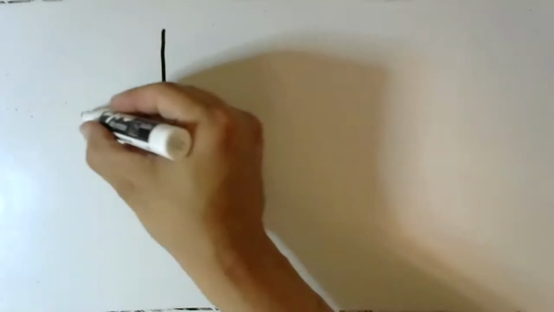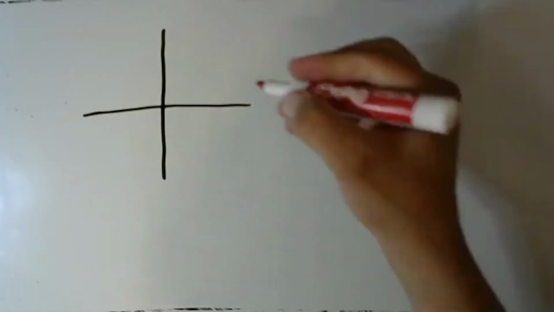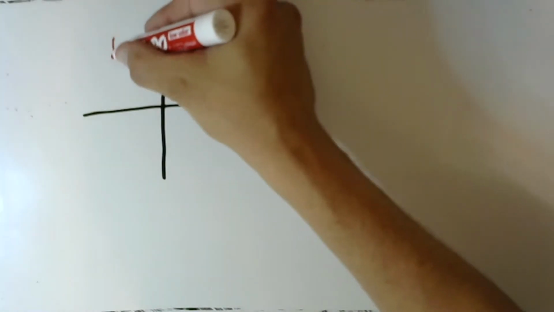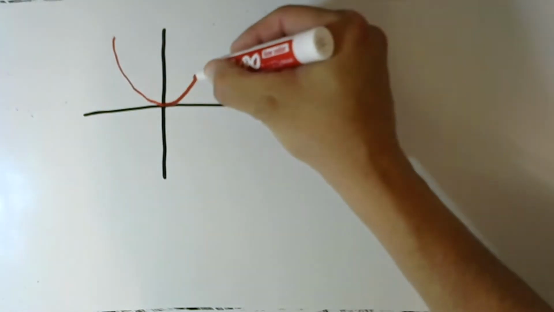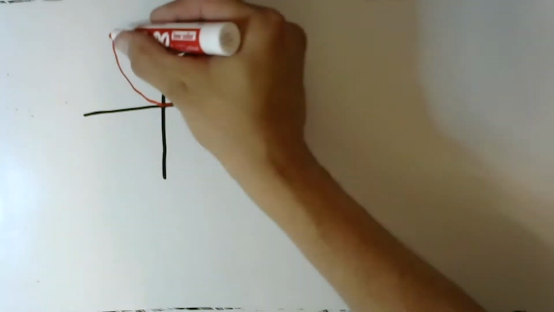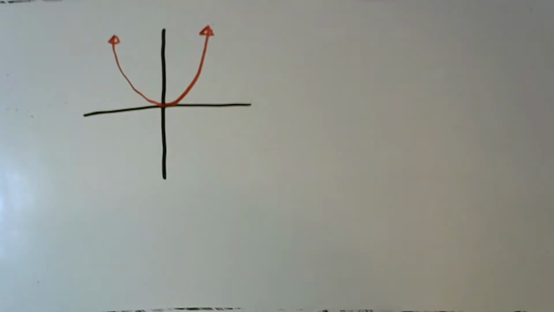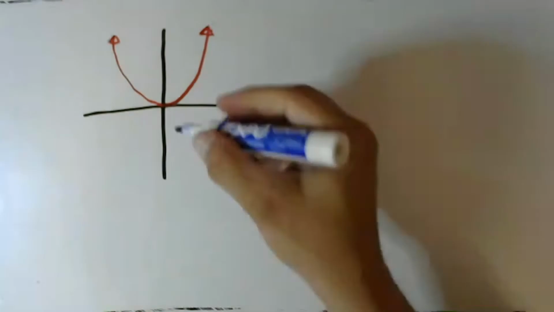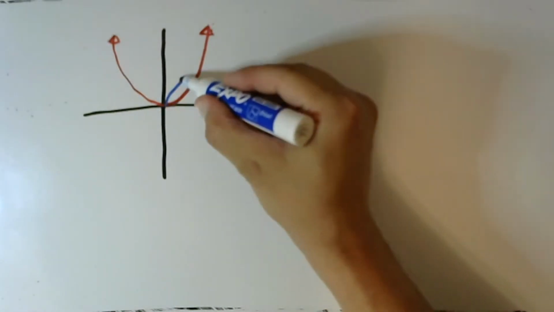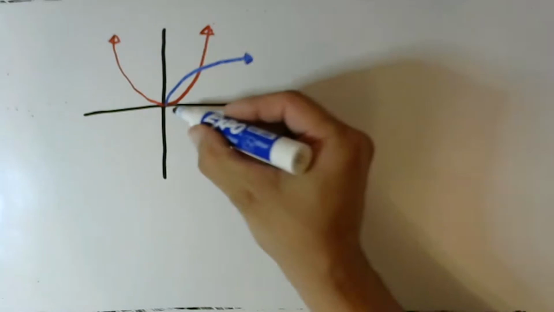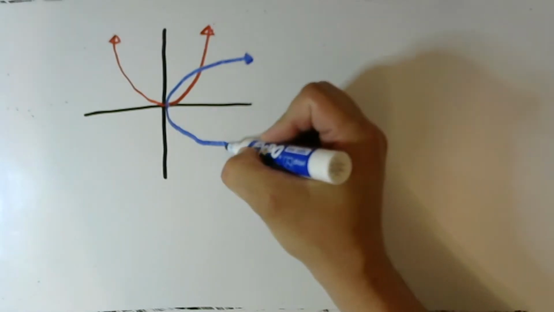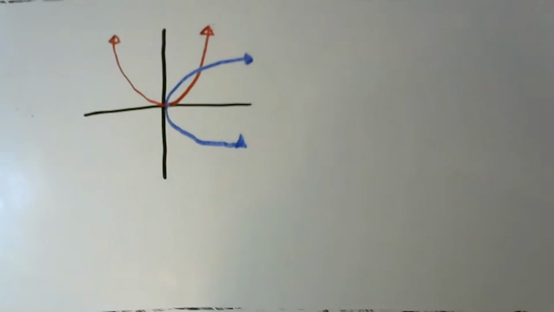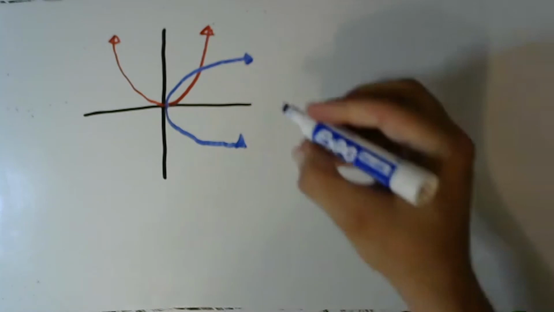So what happens? We graph y equals x squared, or f of x equals x squared. We get something like this. Now, if we graph positive square root, we get this. We graph negative square root, we get that.